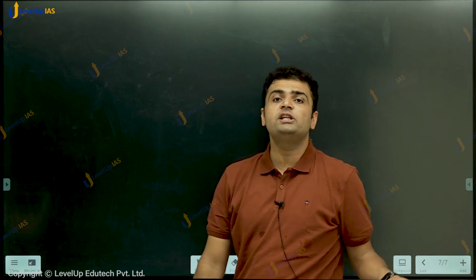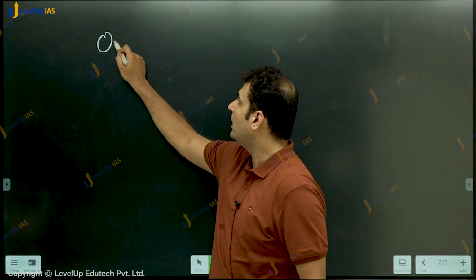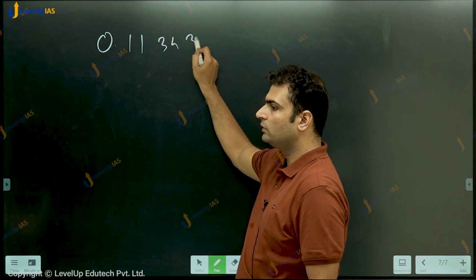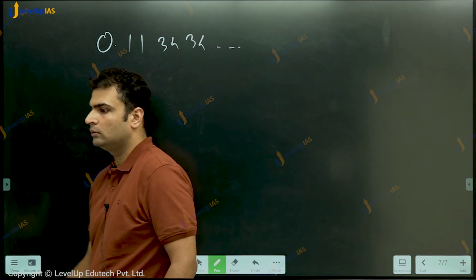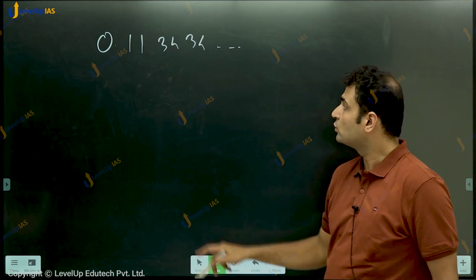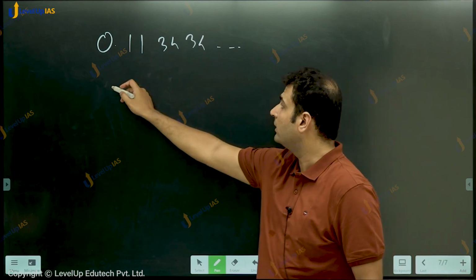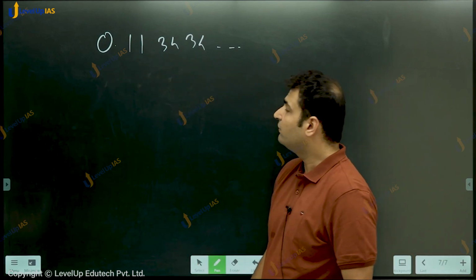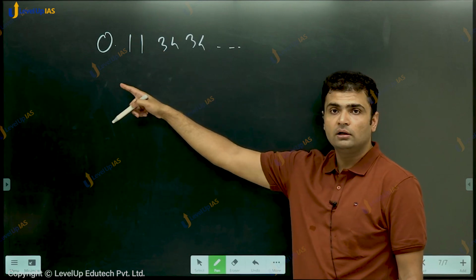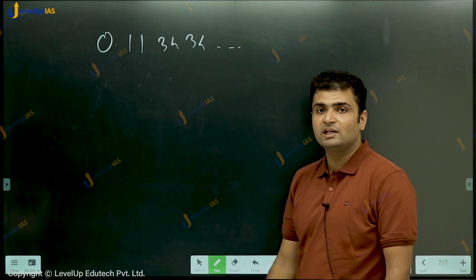Now what if there is something in between, for example if I have this 0.11 then 3434 infinitely many times, so 34 is repeating but this 11 is in between. And now if I multiply by 100 I don't get the same quantity after the decimal point.